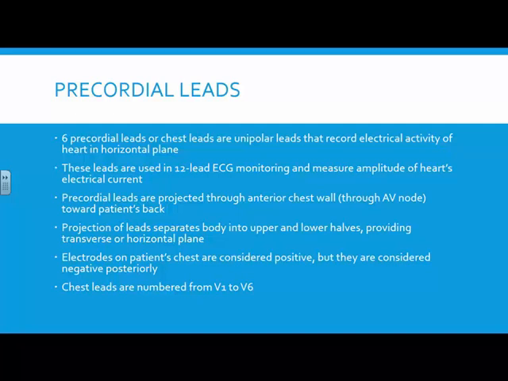So for our augmented leads, if we think of our negative coming from the center, our AVR positive would be on the right shoulder, our AVF positive would be left leg, and our AVL would be left shoulder.